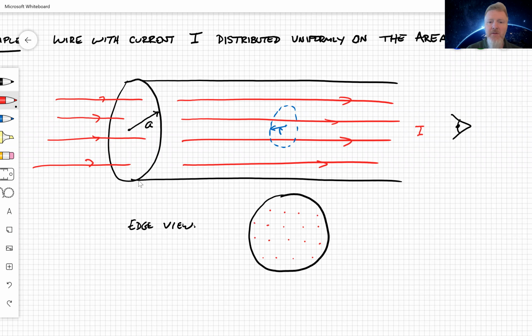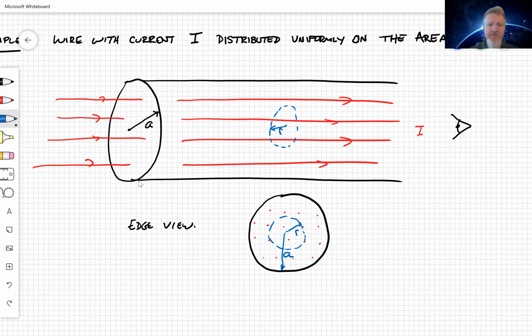Oops, not uniformly distributed there. Okay, that's pretty good. So there's my current. Here's my Amperian loop, like that. That's my radius R. This thing has radius A.